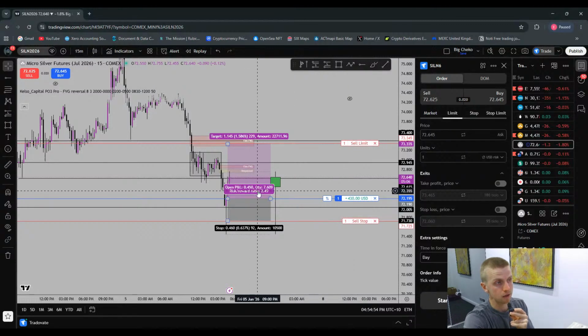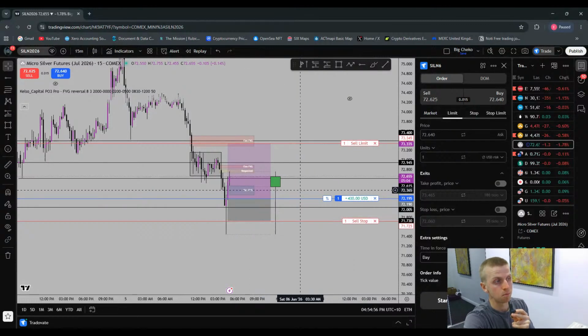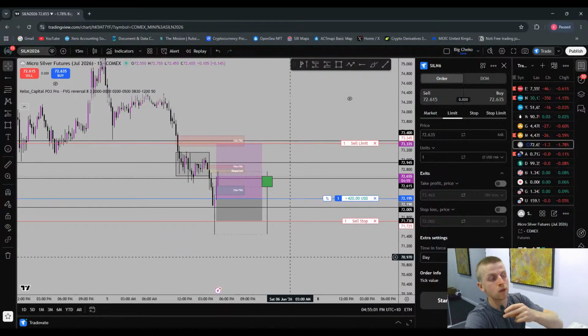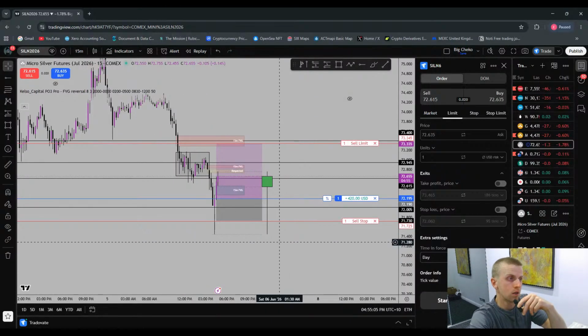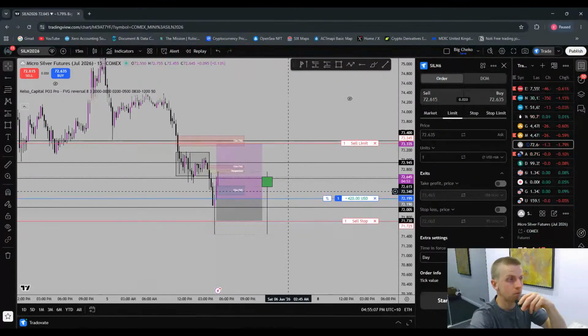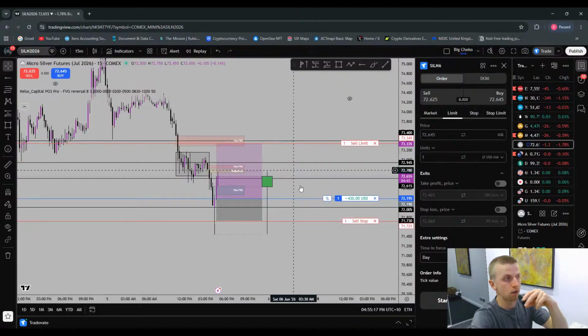So price comes back in to tag the imbalance, then pushes higher. So that's quite a common occurrence, and I wouldn't be surprised if price did come back into that 15-minute gap just to fill the imbalance before taking price higher.